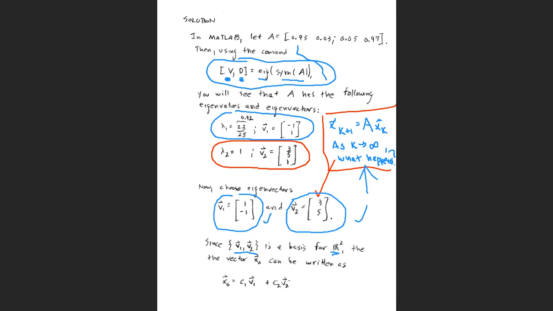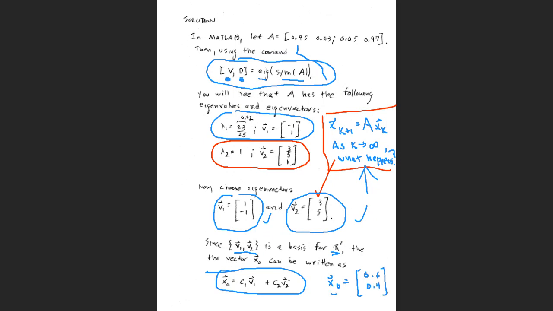And this means that the initial vector x sub 0, remember, what was x sub 0? In the problem, the vector x sub 0 was equal to 0.6 and 0.4.